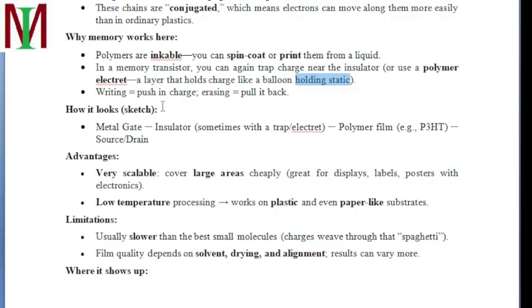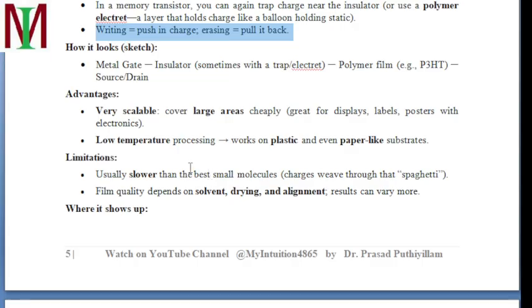Writing is pushing in charge, erasing is pulling it back. Whenever we want to write, we have to push, give the energy. When we want to get it back, we have to get the energy from that. Then it will write and erasing can be done.